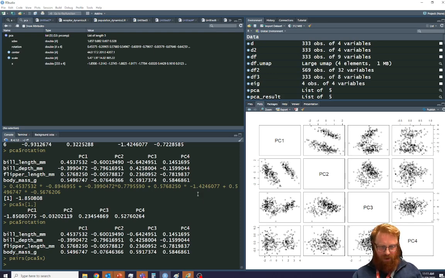So that's PCA, this way of rotating our data so that the first and second axes, that is PC1 and PC2, which are the same things as the direction of maximal variation and second most variation, are kept.